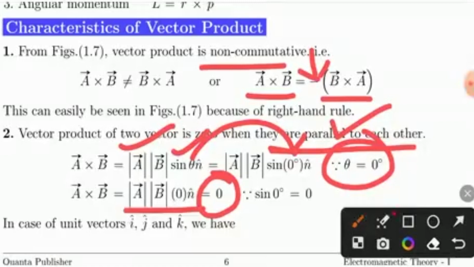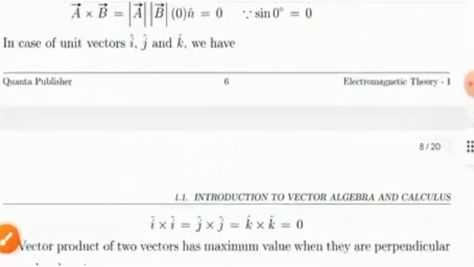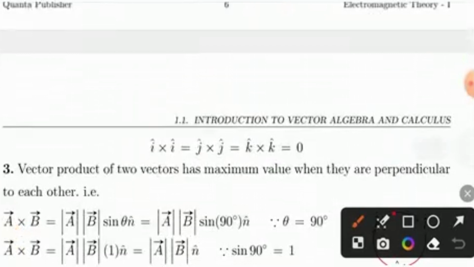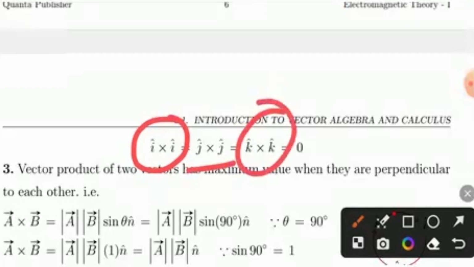In terms of unit vectors, if we multiply the i unit vector with the i unit vector, the j unit vector with the j unit vector, and k cross k, then all of these three products will be equal to 0, because the angle formed between the two similar vectors is equal to 0, then their product will vanish.